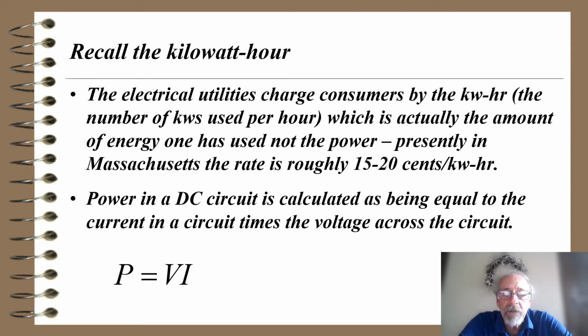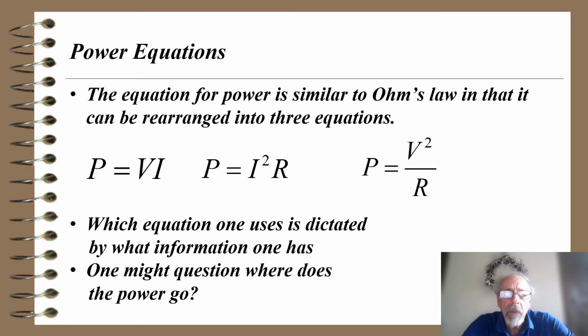Power in a DC circuit is calculated as being equal to the current in a circuit times the voltage across the circuit. So we see the equation here, power equals V times I. Power equations are much like Ohm's law equations in that we can manipulate them algebraically. So the equation for power can be rearranged into 3 equations as I show here.